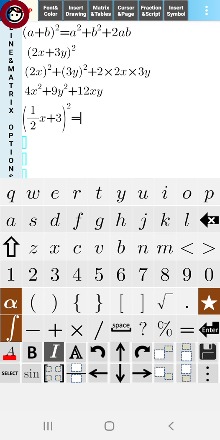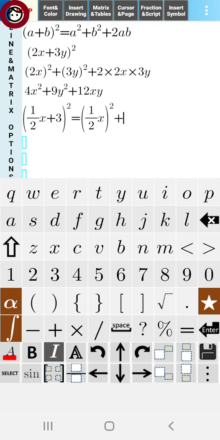Here in place of a we have 1/(2x), so first we will put it in the identity: (1/(2x))² plus a², in place of a² we have written (1/(2x))².